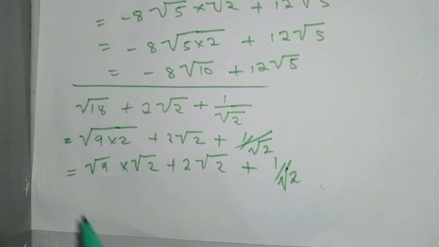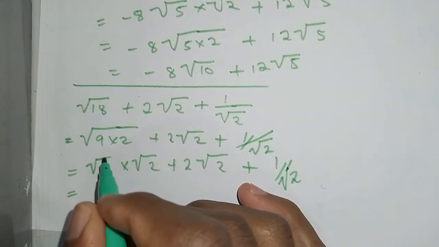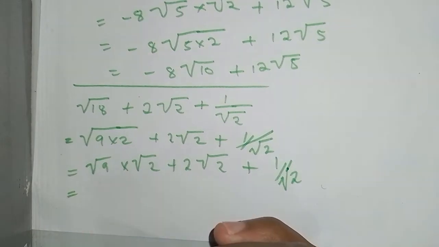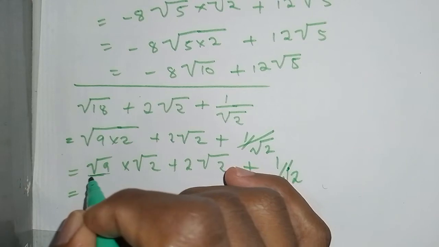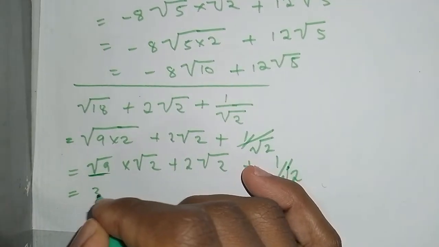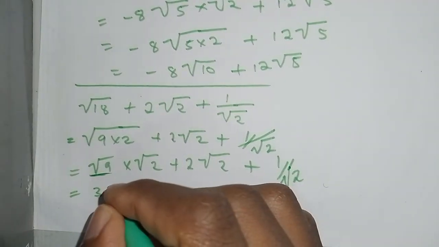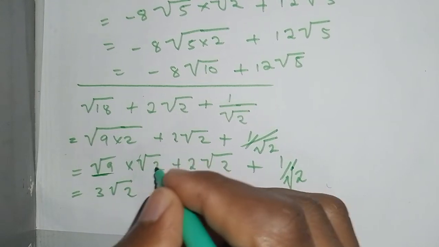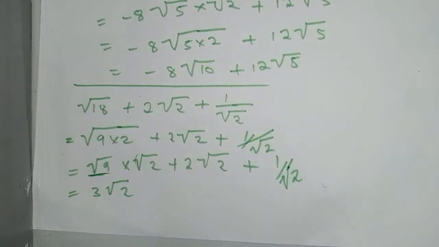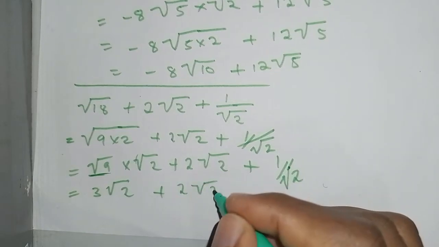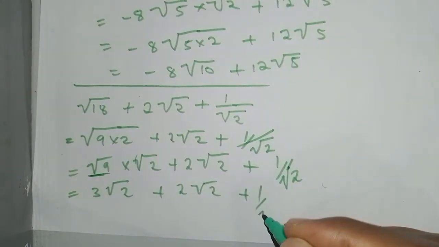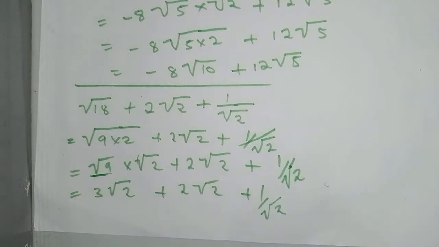Not punching your calculator, you know the square root of 9 is 3, and root 2 is not a perfect square. So 3 root 2 plus 2 root 2 plus 1 over root 2.